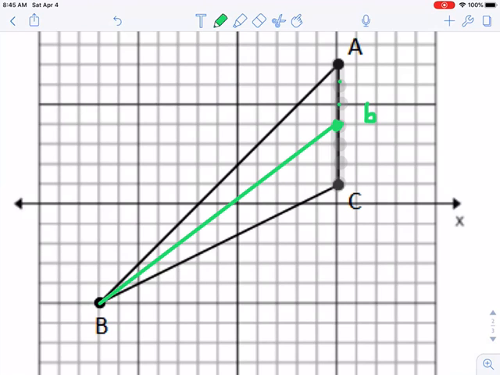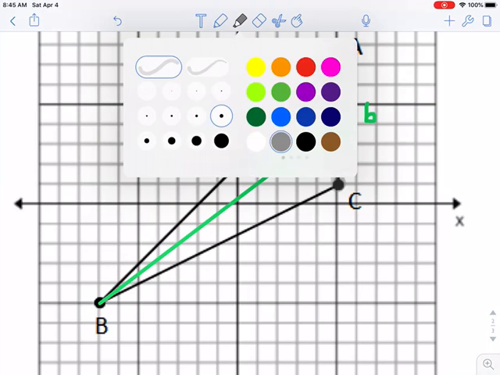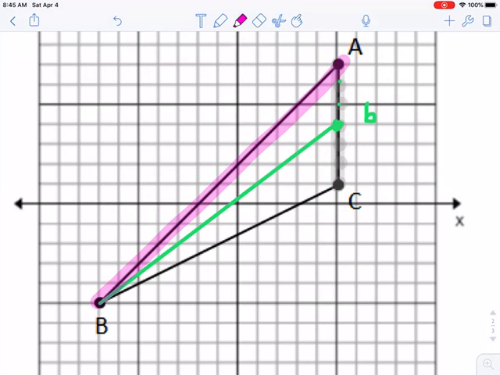Same stuff, let's do this for AB now. Let's count this horizontal distance: 1, 2, 3, 4, 5, 6, 7, 8, 9, 10, 11, 12. So I really just want to go 6. 1, 2, 3, 4, 5, 6.